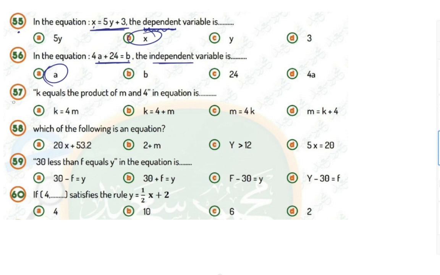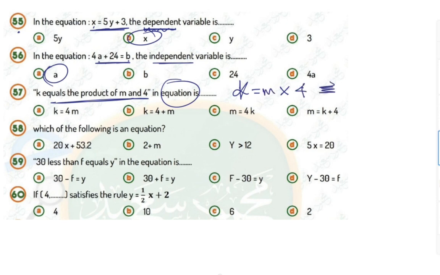Question 57. K equals the product of m and 4, the equation is... So we have a verbal phrase here. We need to turn it into an equation. K equals the product, that means times, between m and 4.